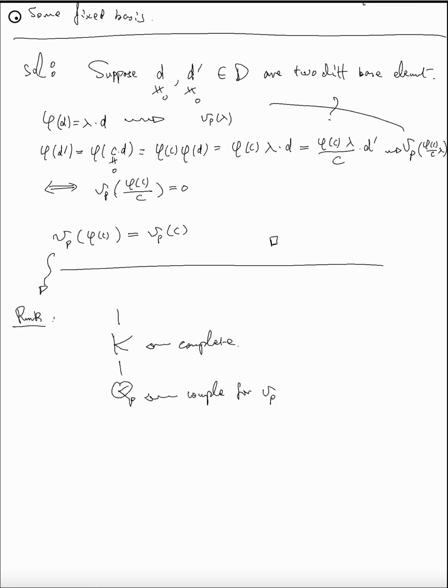And so your Frobenius is giving an automorphism of K0.